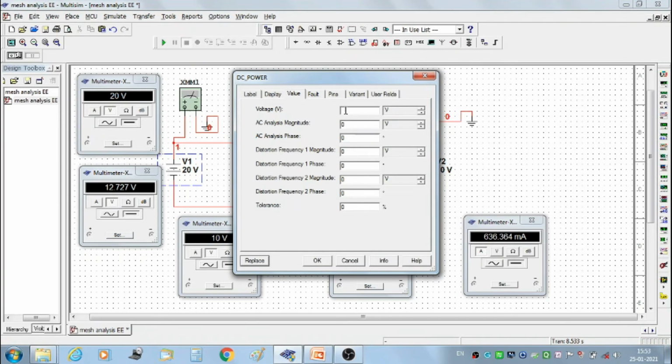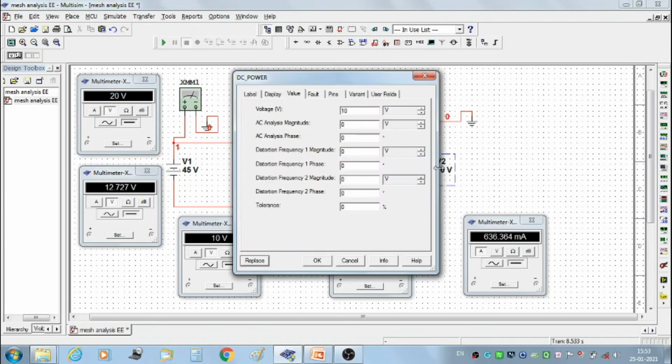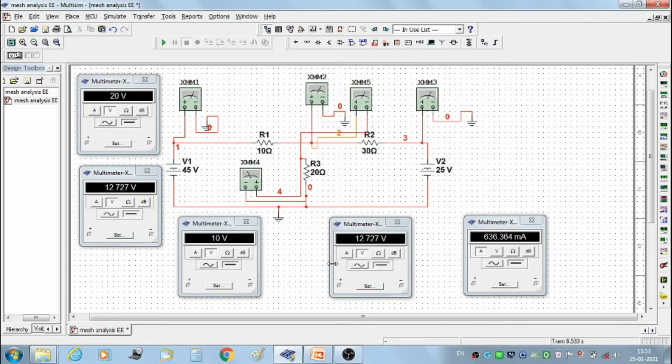Again set voltage V1 equal to 45 volt and voltage V2 at 25 volt. Again start the simulation.